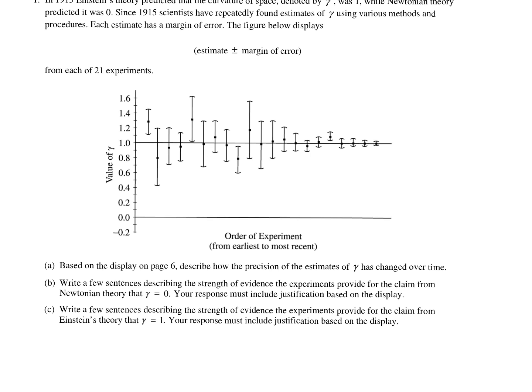So there's strong evidence that gamma equals 1 because only 4 out of the 21 experiments didn't include 1 as a possible estimate in their interval. And as time went on, the actual estimate gets even closer to 1 with very little margin of error.